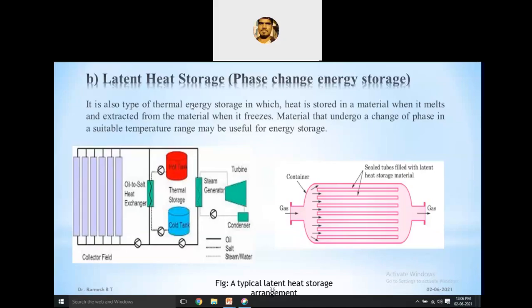The phase change must be reversible over a large number of cycles without degradation. It means the substance we are using for n number of cycles should be the same fluid, and over n number of phase changes it should retain the same properties and not degrade. If it degrades, the property changes and it reduces the effectiveness or efficiency.